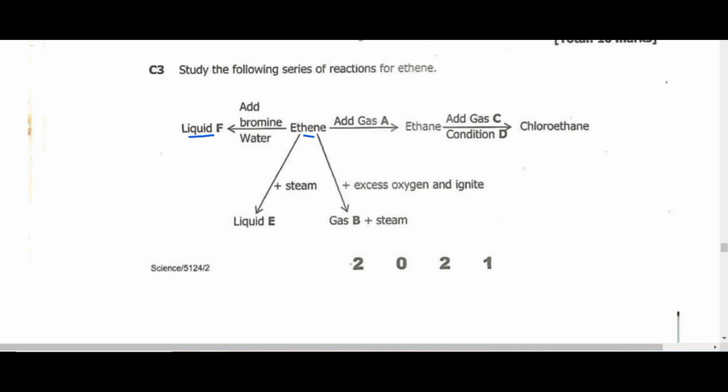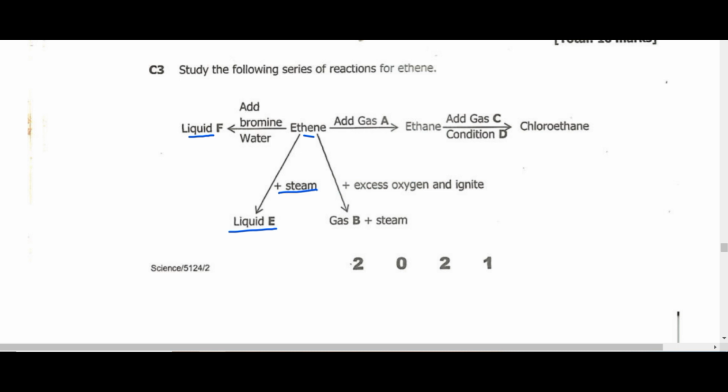And then let us add gas C, and condition D, to produce chloroethene. Now here, what else again? We have steam, and liquid E, which is produced here, and then we also have excess oxygen and ignite.